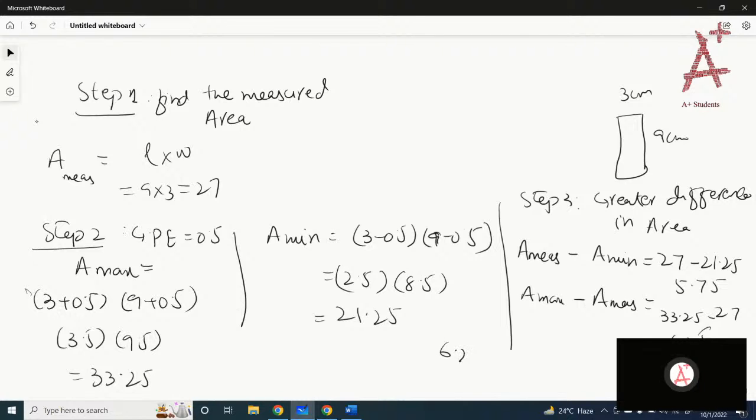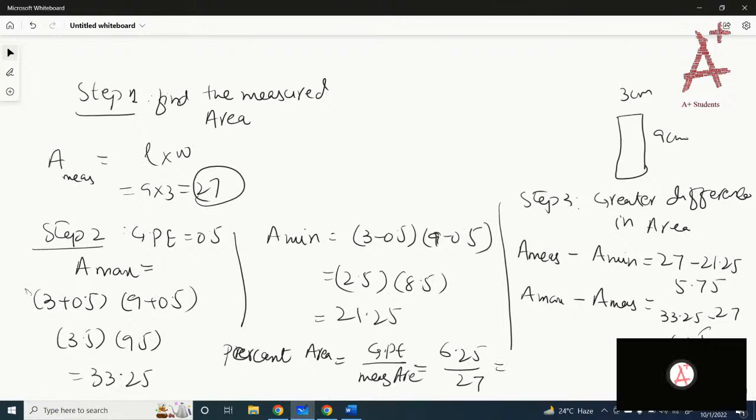Just divide 6.25 by the measured area. The percent error formula is the greatest possible error, the greater difference in the area, divided by the measured area. Got it?